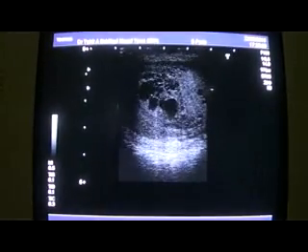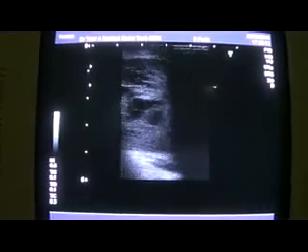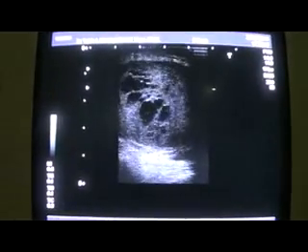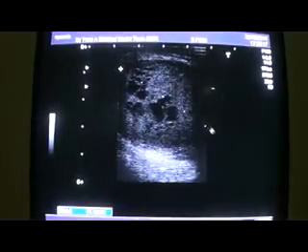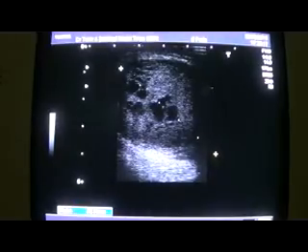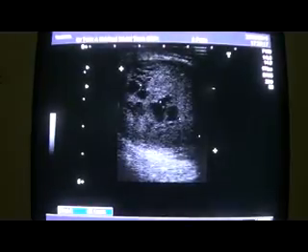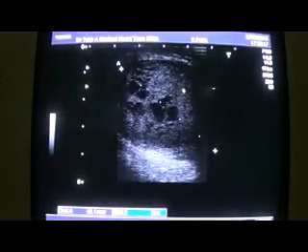It is not possible to get the whole testis in longitudinal section because it is enlarged, but if I try my best, I can get this one. In length it measures approximately, and this is just an approximation, 4.8 centimeters to be on the safe side.